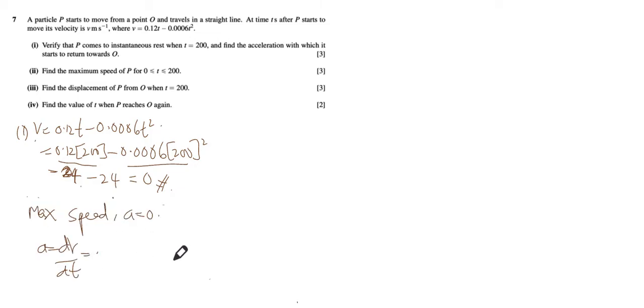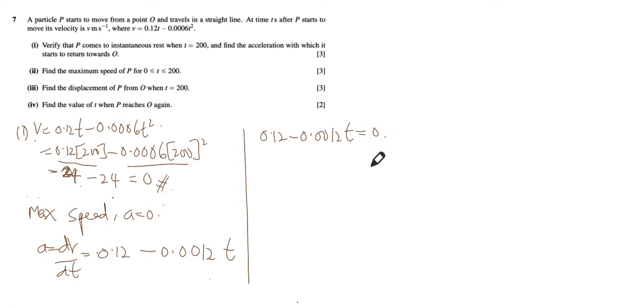So differentiate V, and you get A. Differentiating V gives 0.12 minus 0.0012t, and since there's no acceleration when you reach your maximum speed, 0.12 minus 0.0012t equals 0.